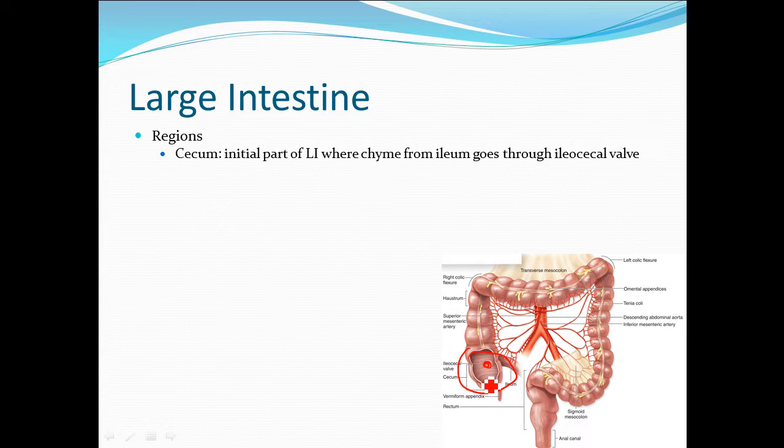So with this cecum, coming off of it is the appendix called the vermiform appendix. This vermiform appendix is actually useful in some sense. Like it actually contains a lot of lymphatic nodules in here. So meaning that it actually helps combat against bacteria and any type of infections that might be harmful to us.